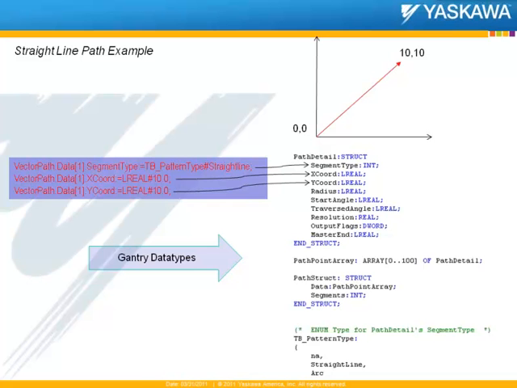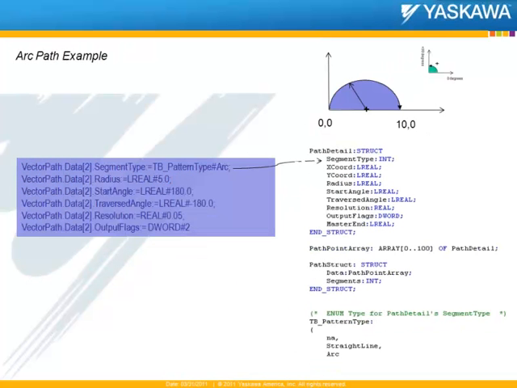Here's an example of an arc, and the coordinate system that we are using in this toolbox is basically the one that you see on the upper right corner, where 0 degrees is on the positive x-axis and positive 90 degrees is on the y-axis. And the positive traverse is basically counterclockwise. So the different variables that need to be defined for the path struct are, first of all, the segment type that you see there.